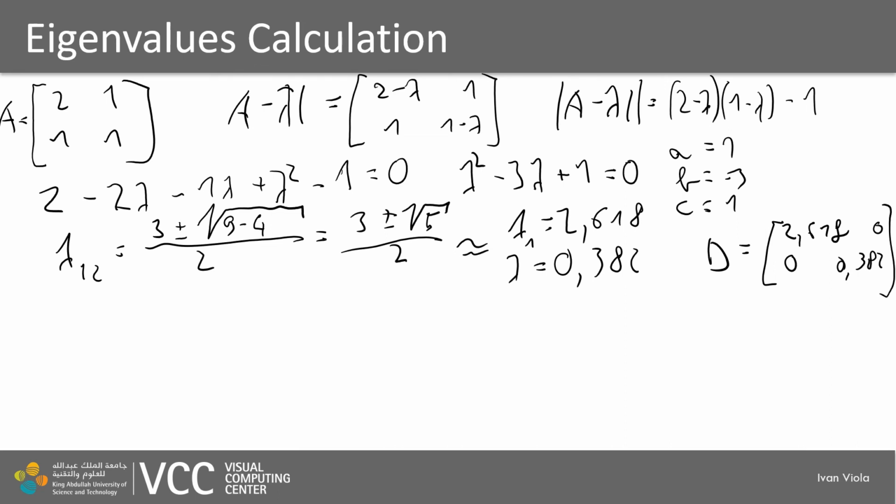Well, we can calculate it from putting the first lambda into the equation. So 2 minus lambda I, so 2 minus 2.618, 1, 1, 1 minus 2.618 is our matrix A minus lambda I for lambda 1.